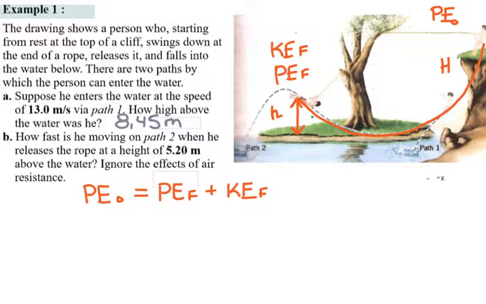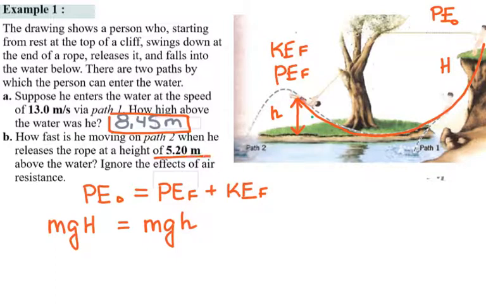So here I have mgH, and I just found what that H is equal to. I already know that number. It equals mgh, and they give you what that height is, plus 1/2 mv squared, and this is the velocity at point 2. Now, every single one of these terms has m, so I'm going to cancel m from every term.